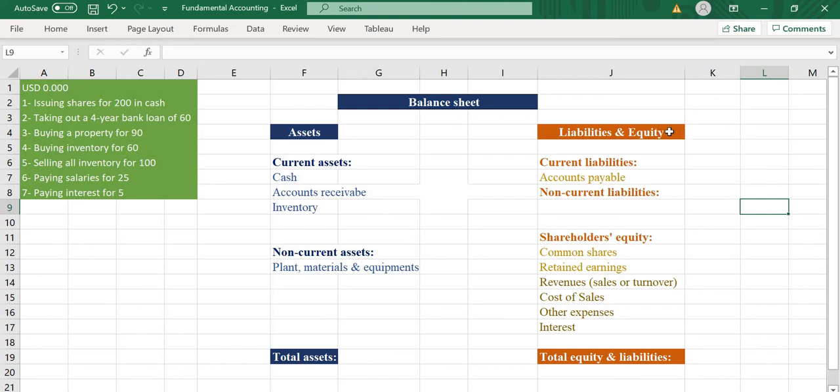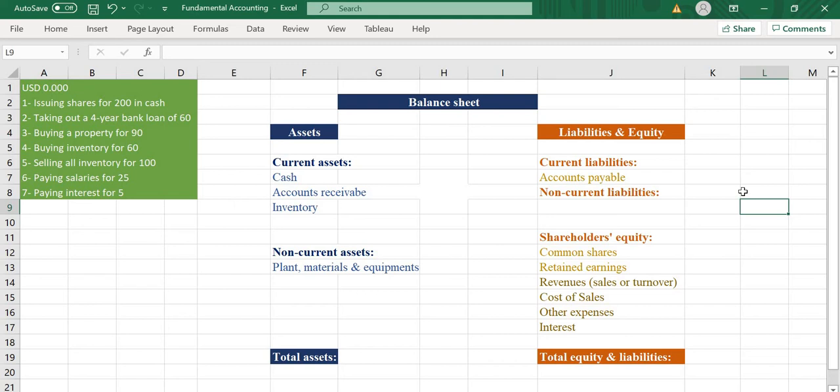In the liability and equity side, the company has current liabilities, which is a liability with maturity less than 1 year, and non-current liability or long-term debt, which is a company debt with maturity of more than 1 year.